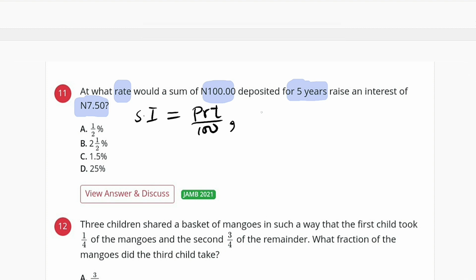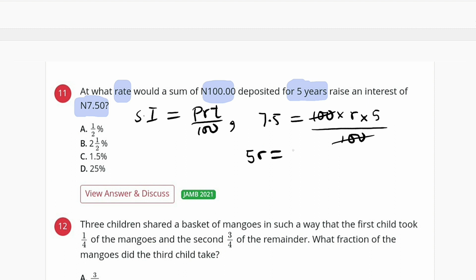We have simple interest, 7.5. This is equal to principal amount, which is 100, multiplied by the rate, which we are asked to find, R, but T, time is 5 years, divided by 100. This 100 will take care of this 100. To the top, we have only R times 5, which is 5R.